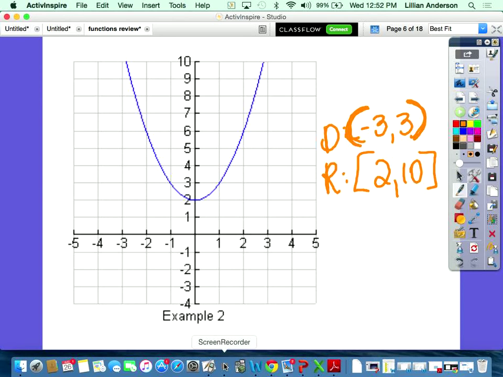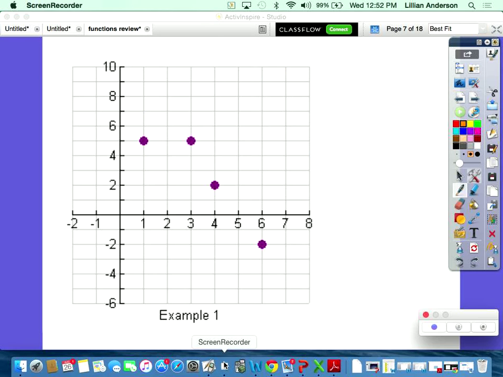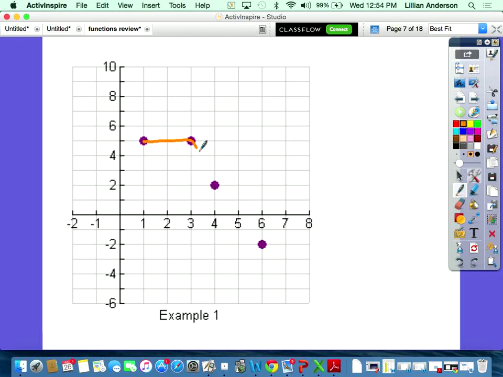Clear your boards. Remember, you give me domain and range for both, in interval notation. If these were connected, then yes, what you had on your boards would be correct. But they're not connected.